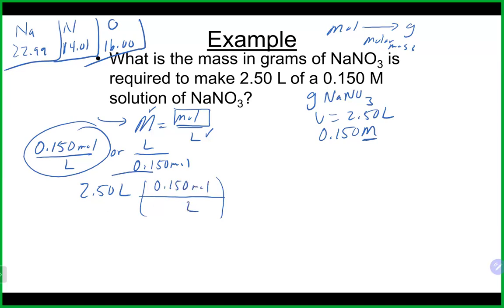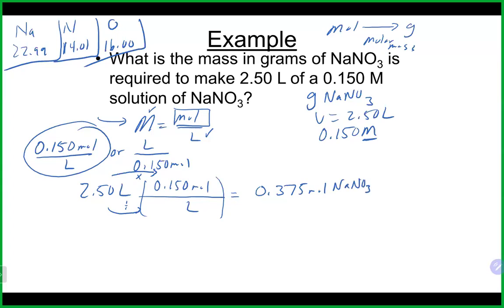Now I'm in my dimensional analysis, so I know on top I'm multiplying, and on the bottom I'm dividing. So again, it takes the guesswork out of it if you are worried about rearranging that equation perhaps incorrectly. You could just take this approach. That's going to give me 0.375 moles of sodium nitrate in this case.